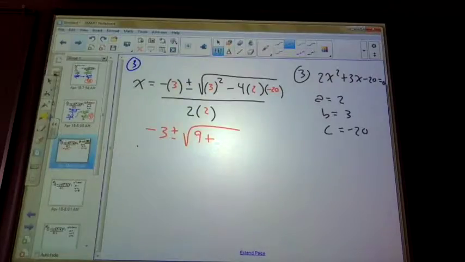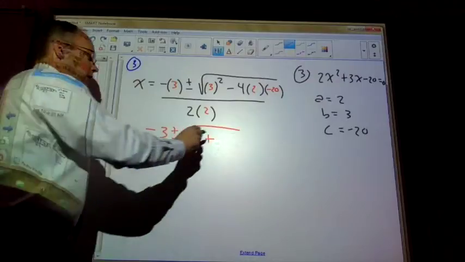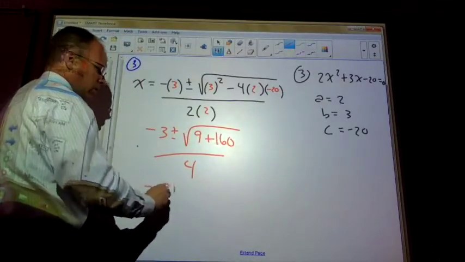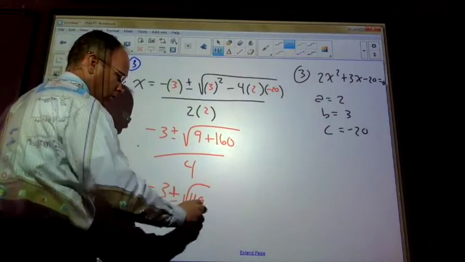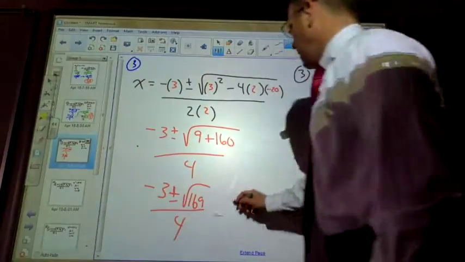Negative 8 times 20 is going to be positive 160. I like it. All over 4, so I get negative 3 plus or minus the square root of 169 all over 4. What's the square root of 169? 13. Oh, excuse me. 13, yes.